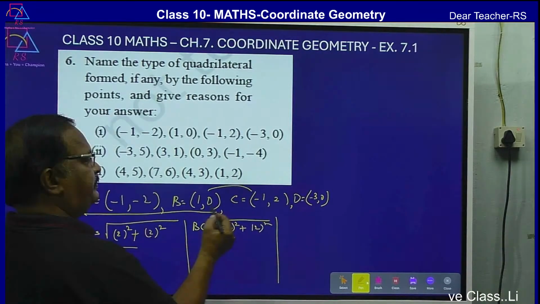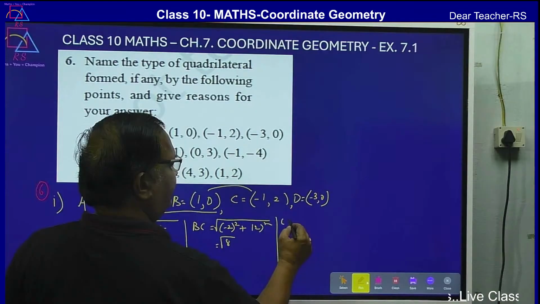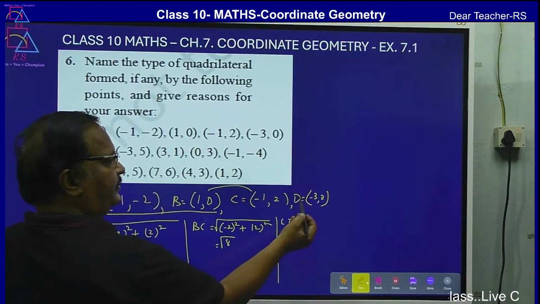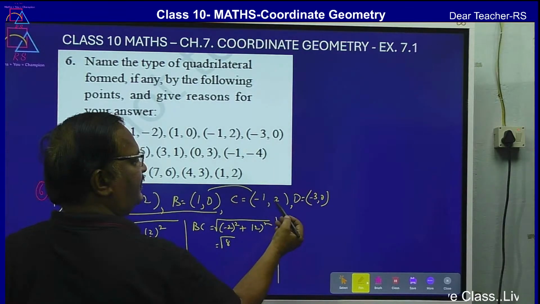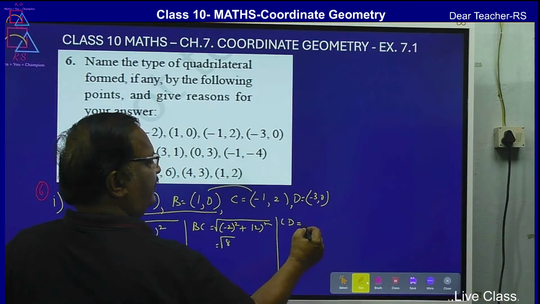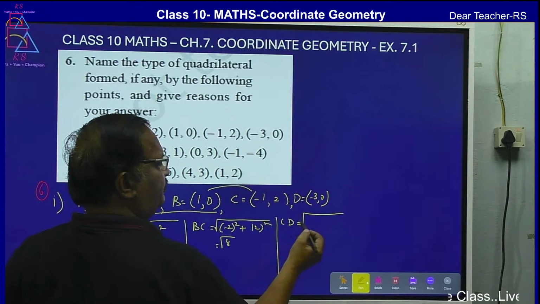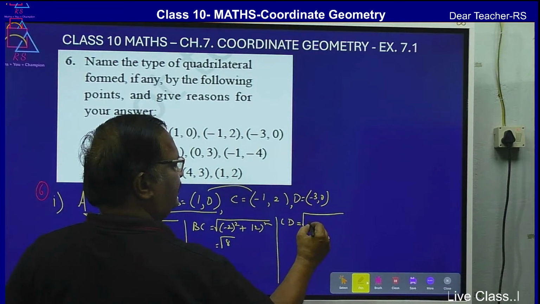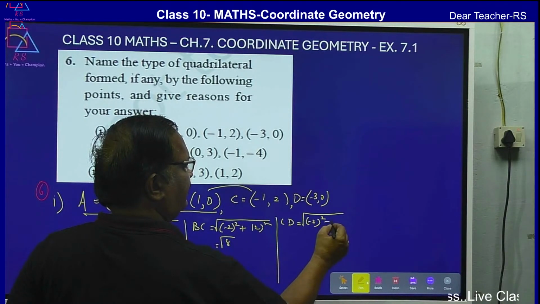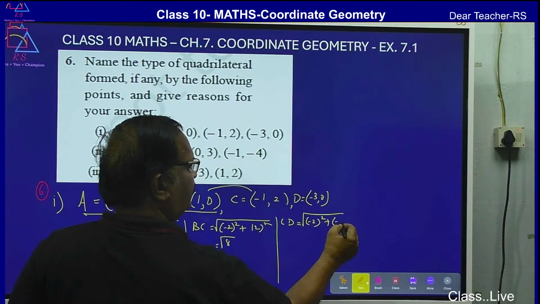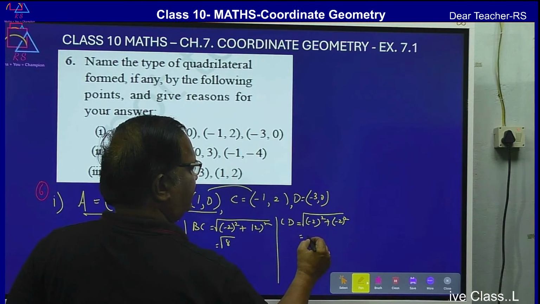AB is over, BC is over, now CD. Under root, (minus 3 minus minus 1), that is minus 3 plus 1, minus 2 whole square, and (0 minus 2), minus 2 whole square. This is equal to root 8 again.